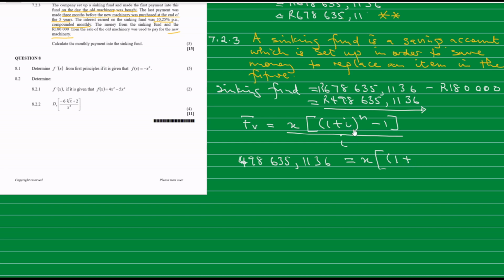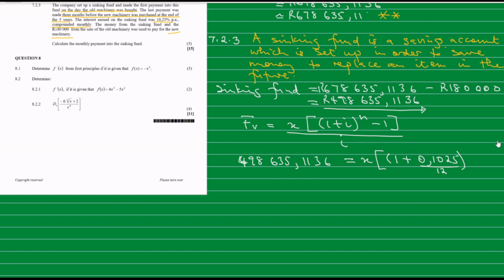Our interest is given as 10.25, which is 0.1025. Because we are paying monthly and interest is compounded monthly, we divide that by 12 and to the power n.